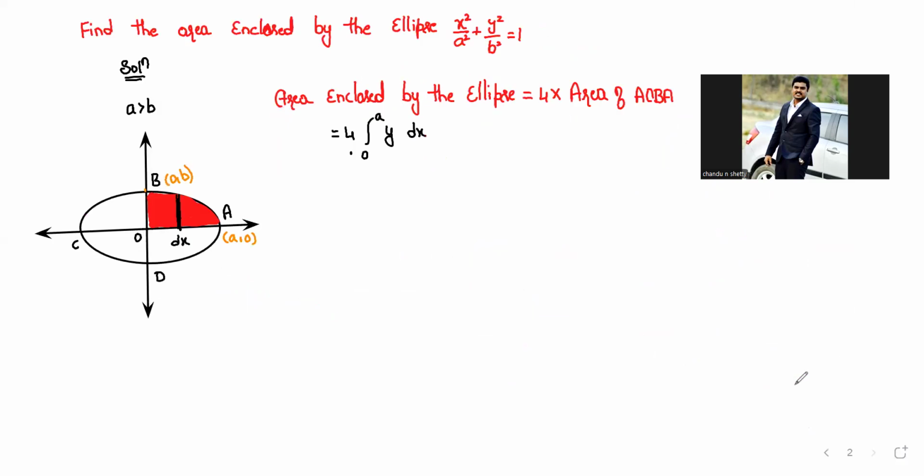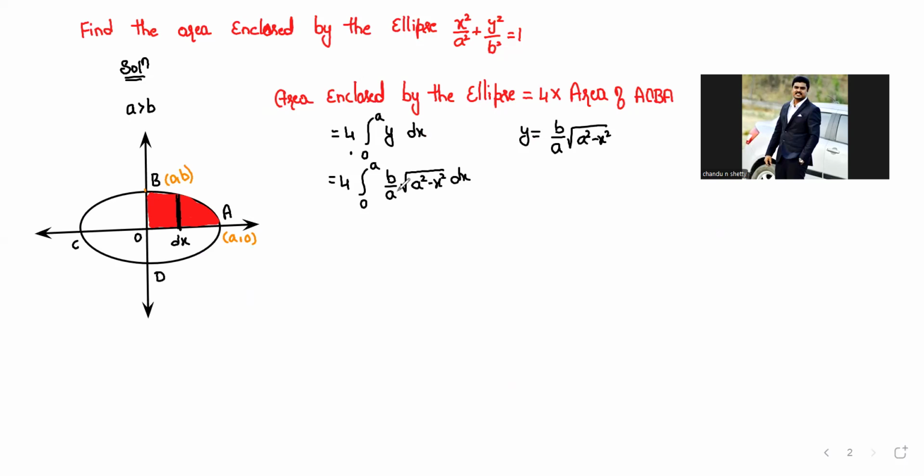So I'm applying this: y equals b by a square root of a square minus x square. So 4 into the integral from 0 to a of b by a square root of a square minus x square dx.